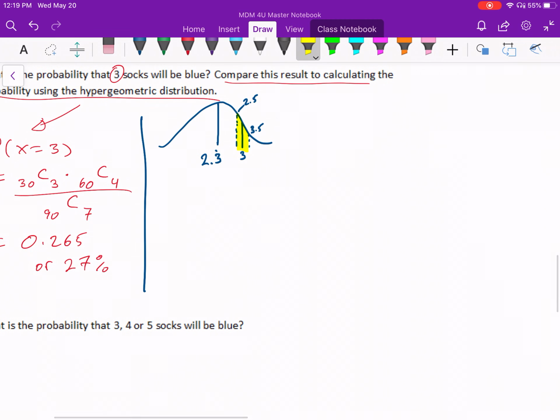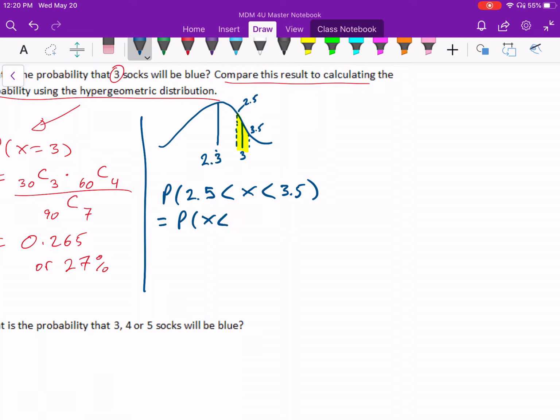So what I want is the probability that x is between 2.5 and 3.5, which I have to calculate by doing the probability that x is less than 3.5, take away the probability that x is less than 2.5.